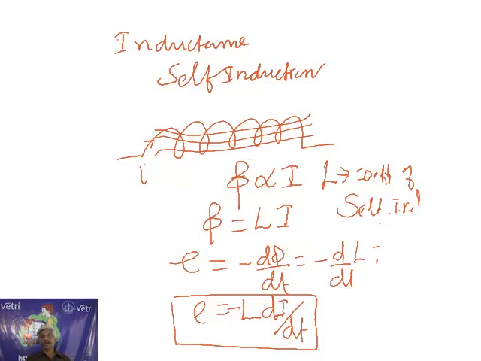L is called the coefficient of self-inductance. How can I define this? Keeping L here, L is equal to minus E by di by dt. If di by dt is equal to 1 unit, then L is equal to minus E. What does it mean?